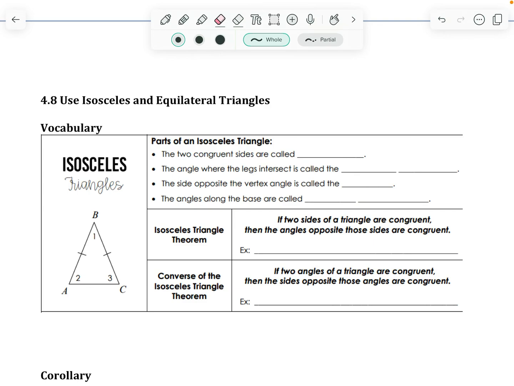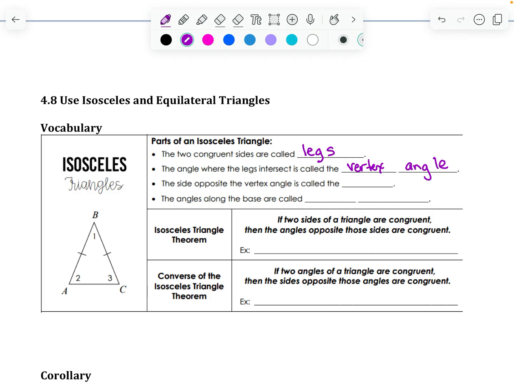Using isosceles and equilateral triangles. Recall that we've learned an isosceles triangle has two sides that are congruent. Those two congruent sides are called the legs, and the angle where the legs intersect, in this case angle 1 in our picture, is called the vertex angle.